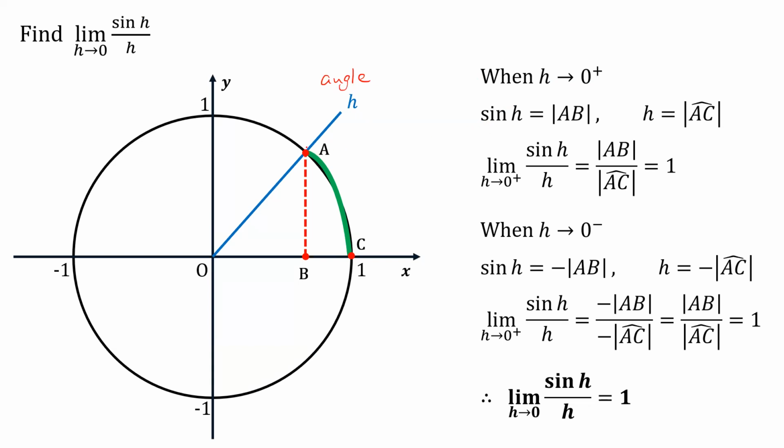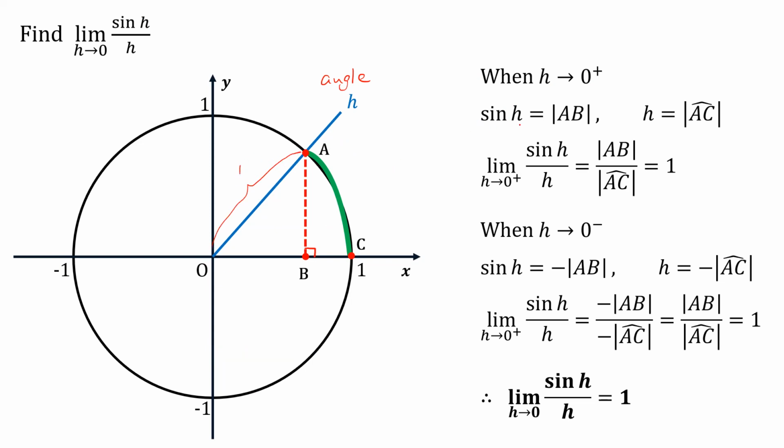Suppose the intersection point between the terminal arm of h and the unit circle is marked as point A. And then let's draw a perpendicular line AB such that B is the point of intersection between AB and the x-axis. Then we know that sine h is actually AB over the radius of the unit circle, which is 1, right?